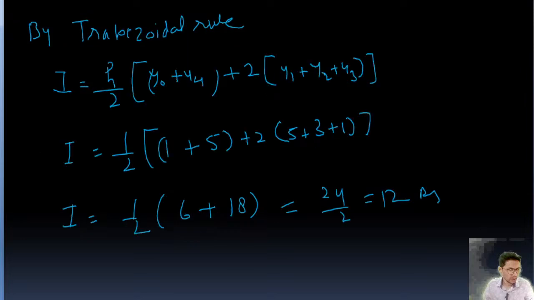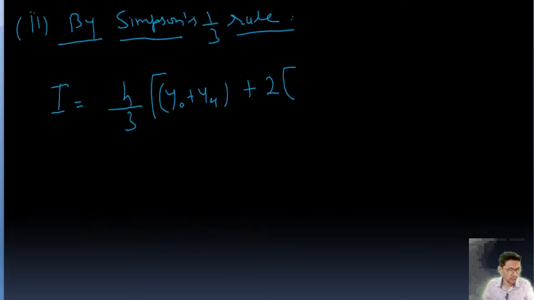So this is going to be 2 into sum of even means just y2, because there are only 4 terms, right? y2 plus 4 into sum of odd means y1 plus y3.